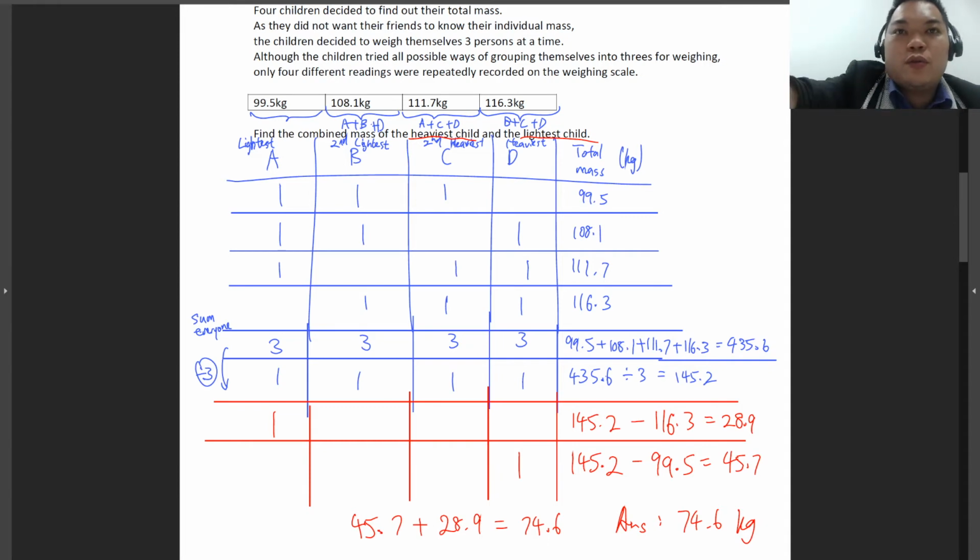That is the question to think through. Can I take 108.1 minus 99.5 to give you C? No. If you take this minus this, you are only obtaining the difference between D and C. That's all.